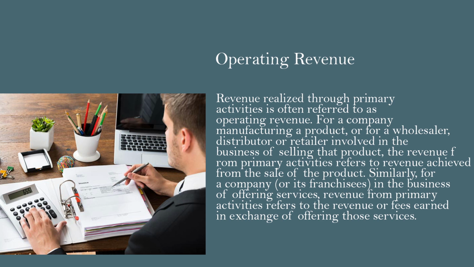For a company manufacturing a product, or for a wholesaler, distributor, or retailer involved in the business of selling that product, the revenue from primary activities refers to revenue achieved from the sale of the product. Similarly, for a company, or its franchisees, in the business of offering services, revenue from primary activities refers to the revenue or fees earned in exchange for offering those services.